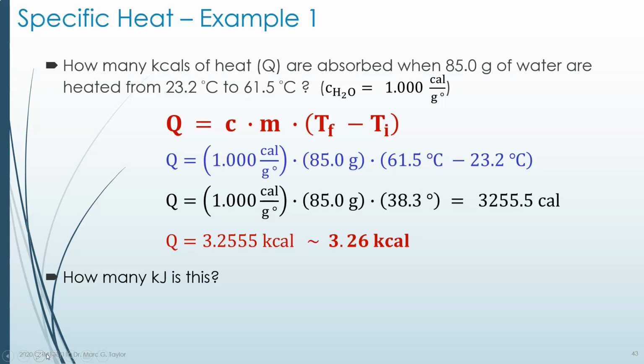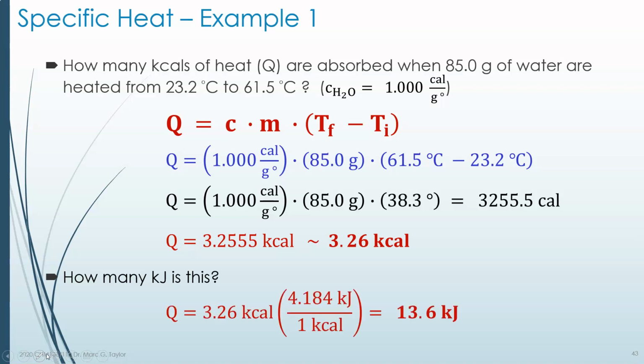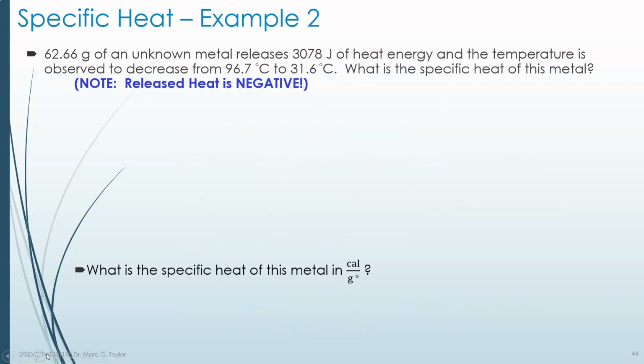But remember, we have to concern ourselves with sig figs, and you'll notice that 3 of the numbers up at the top have only 3 sig figs, therefore we round it to 3.26 kilocalories. How many joules is that? Well, we know that there are 4.184 kilojoules per kilocalorie, or 4.184 joules per calorie. So we multiply it by that, and we get 13.6 kilojoules.